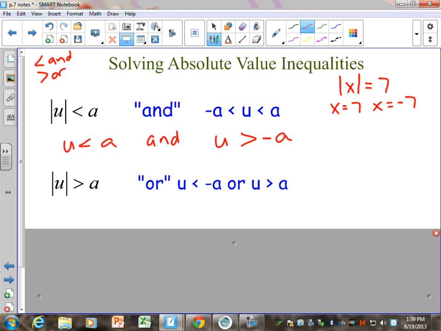But again, notice where that's coming from. You just rewrite this without the absolute value. U is greater than a, or u is, flip the sign, make the other side negative. Right? That's exactly what this says, and that's how absolute value always works. And then you just solve them and graph them.